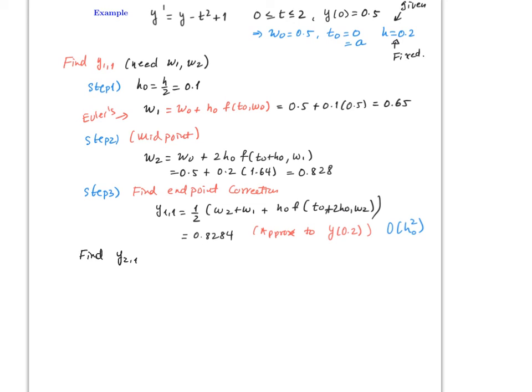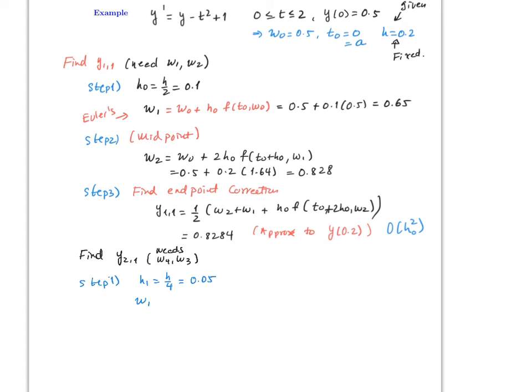we now need to find Y21, and this one needs W4 and W3, but you have to follow pretty much the same steps. So for step 1, the new h1 is going to be h over 4, which in this case will be 0.05.